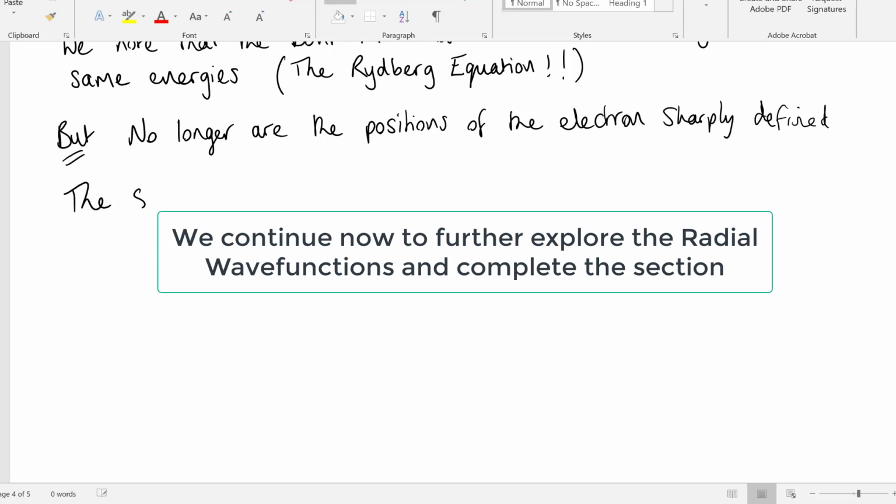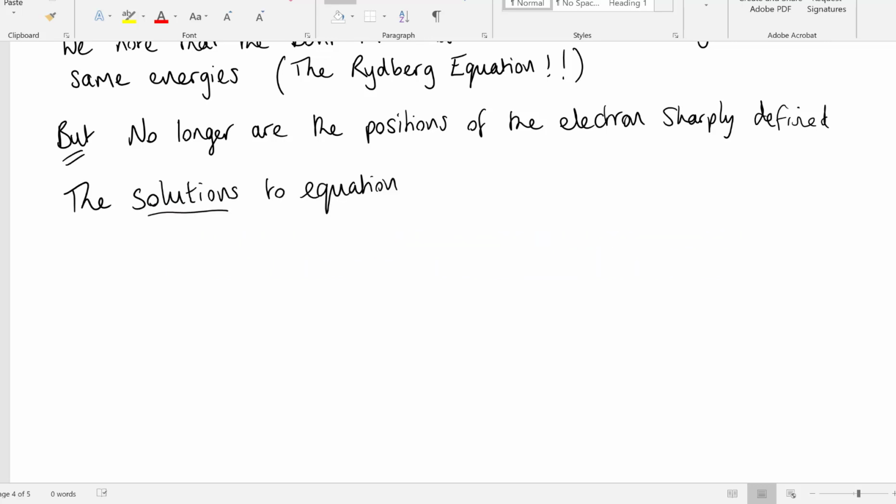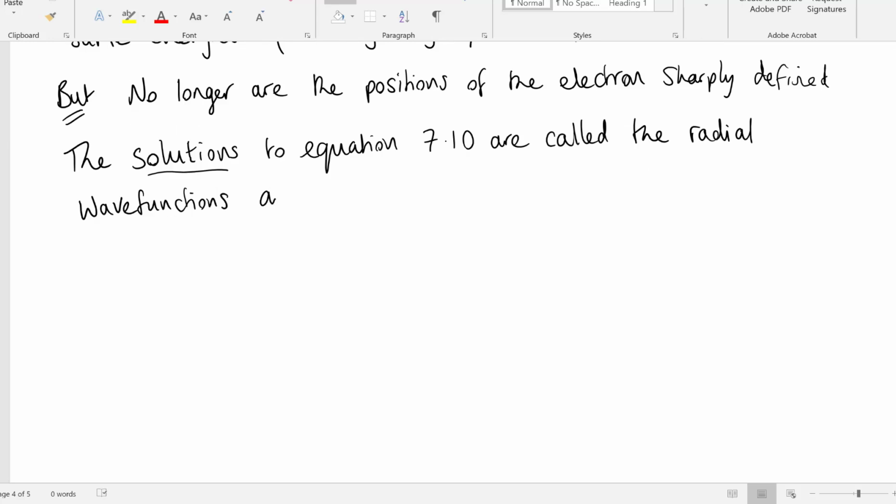So the solutions themselves to equation 7.10 are called the radial wave functions, and they depend on quantum numbers n and l.